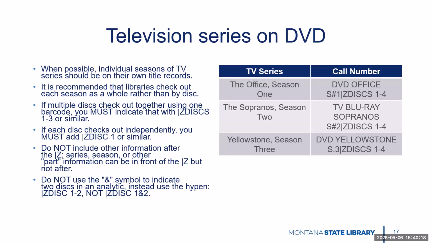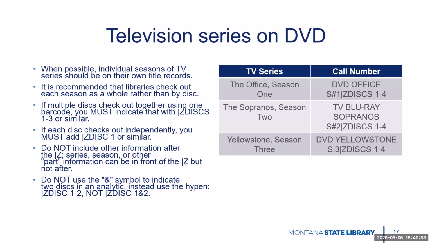If you barcode and check out each disc independently, you must still add the bar Z disc 1 or similar to show which disc that barcode represents. Make sure to not include any other information aside from the disc information after the bar Z. So if it's information about the series, the season, or other part information, that should come before the bar Z.